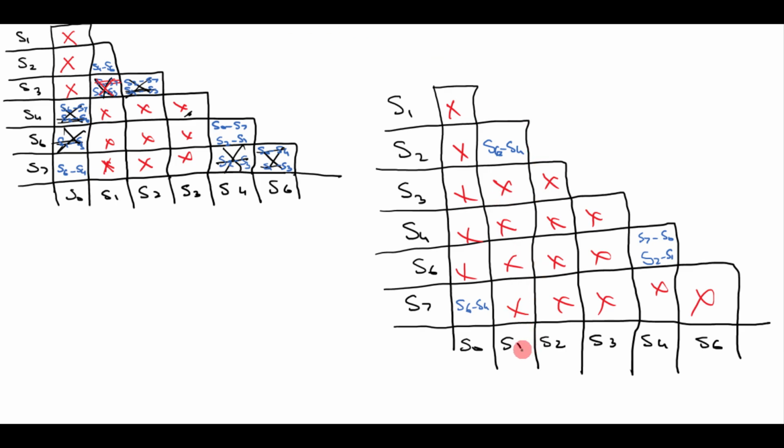So, S0 and S2 are equivalent. Similarly, S0 and S7 are equivalent states. Lastly, S4 and S6 are equivalent states.